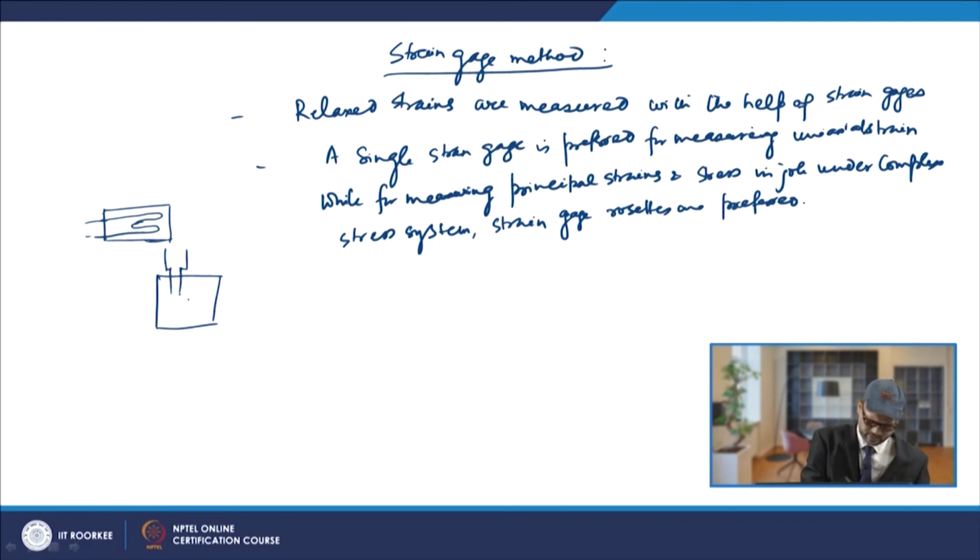This is one, this is another, and similarly you will have a system of strain gauges, that is, strain rosettes. They are used basically in these cases.